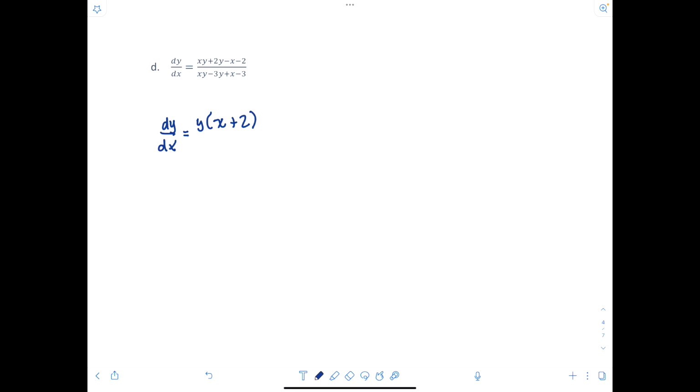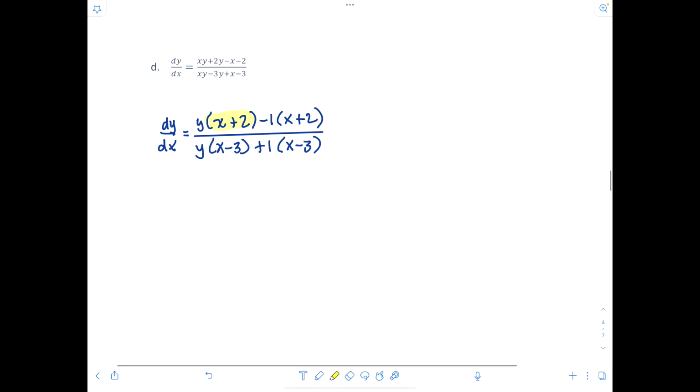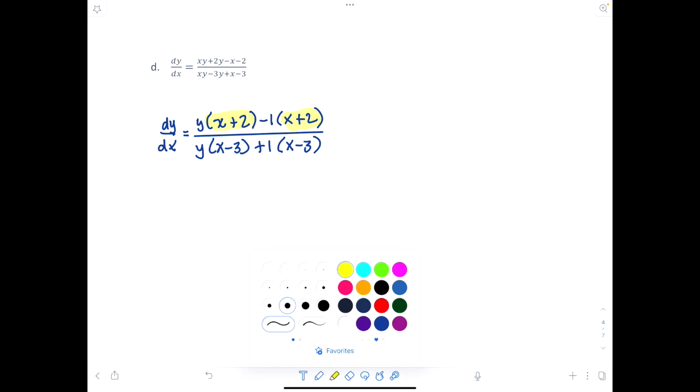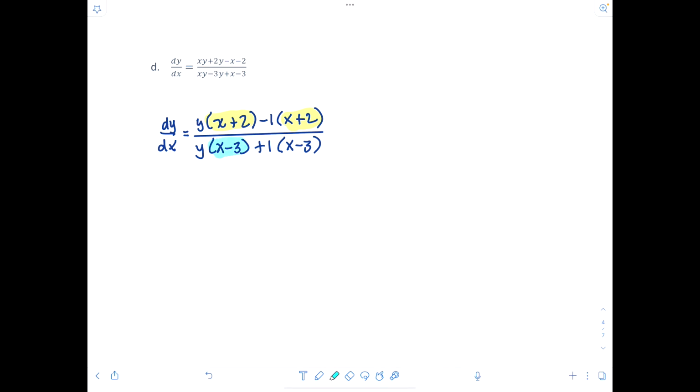And then if I factor out a negative 1 from the last 2 terms, I'll be left with an x plus 2 over, this time, again, I can factor out a y. I'll have x minus 3. And then if I say plus 1, I'll still have that x minus 3. So now I'm going to look at factoring out common factors. So in the numerator, I've got common factors of x plus 2, and in the denominator, it's x minus 3.